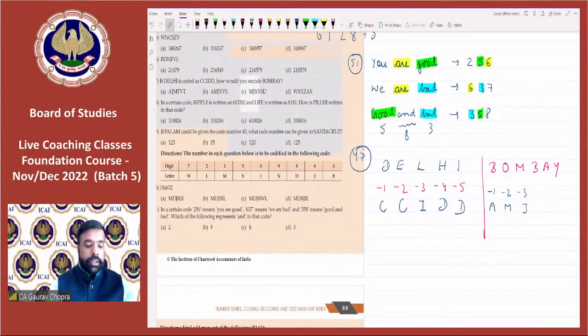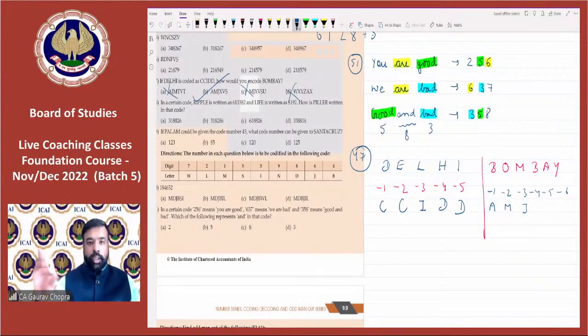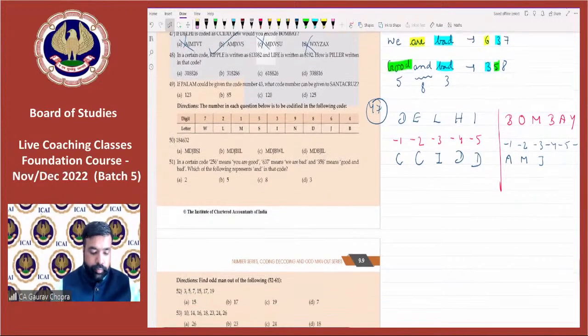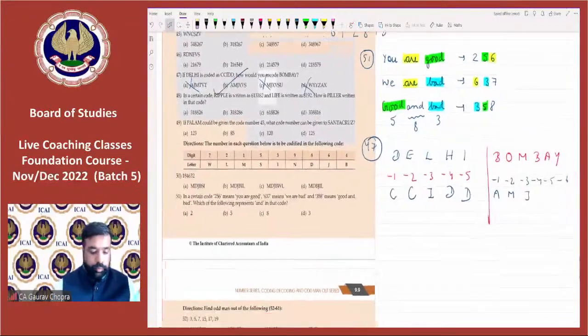AMJ is option number B only, and all the rest are incorrect. So that is why we can solve half and take the answer. And if you want to solve completely, you can do minus 4, minus 5, and minus 6 and get all the code words. Okay, so this we are done.